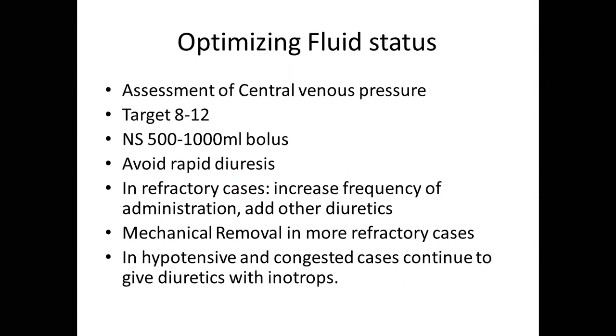Mechanical removal using ultrafiltration or dialysis is recommended in refractory cases. In hypotensive, congested cases, we still continue to give diuretics with inotropes. We don't need to stop the diuretics unless the patient has very low blood pressure. So we play between the two.